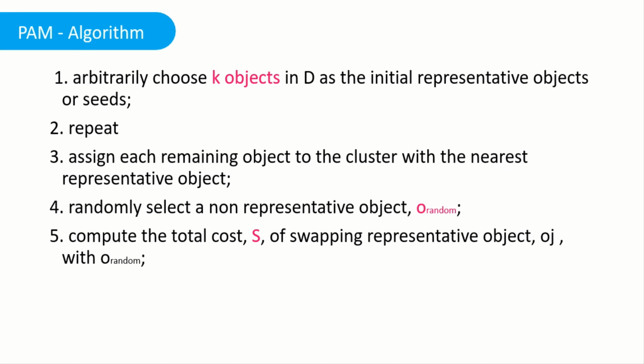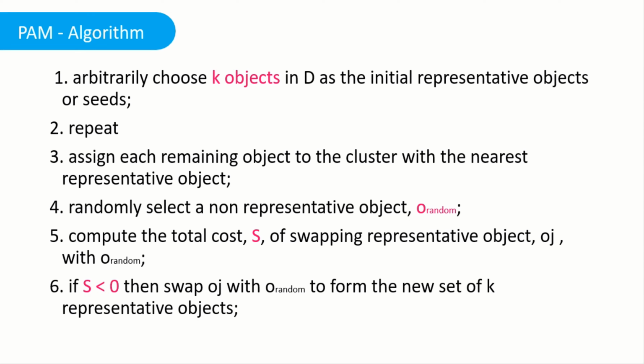Again, compute the total cost S of swapping representative object Oj with O random. Then, if S is less than 0, swap Oj with O random to form the new set of k representative objects. Finally, we continue this until there is no change.